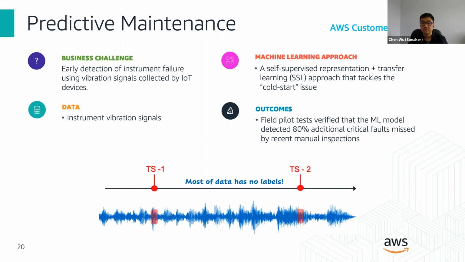We applied a machine learning approach, especially self-supervised learning plus transfer learning, to tackle the cold start issue, where initially you don't have a lot of ground truth labels, because collecting those labels is really costly and time consuming. For example, if you have a long range of vibration signals, when you collect the ground truth you have to arrange for maintenance to go there.